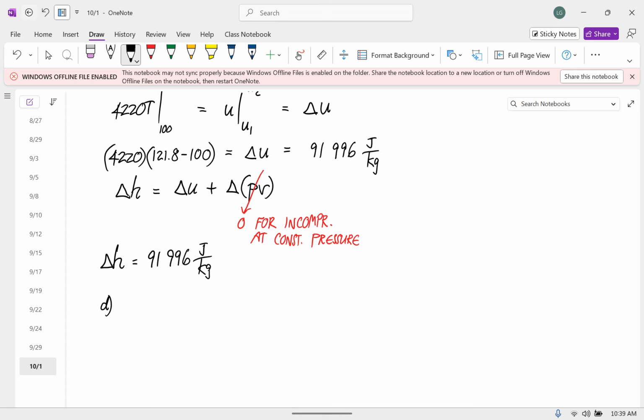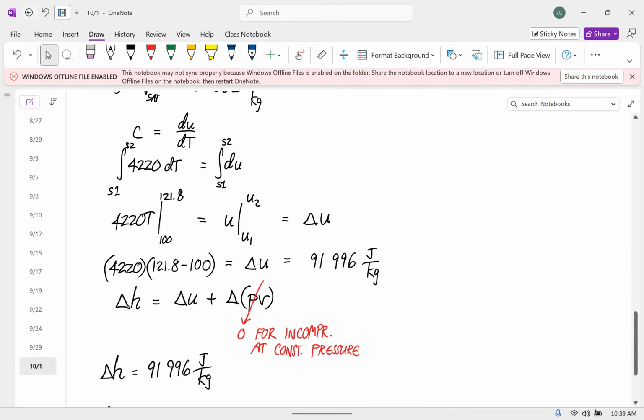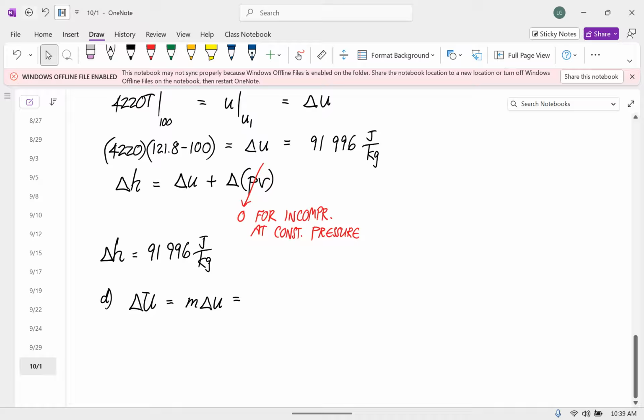We know the specific change in internal energy. We just use the change of internal energy to help find the heat. Yes, exactly. So the change in internal energy is equal to the mass times the change in specific internal energy. In this case, we have 10 kilograms, so this is 919,960 joules.